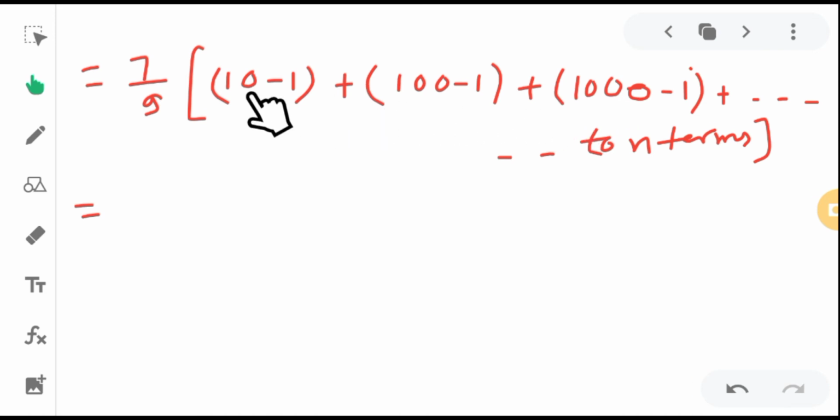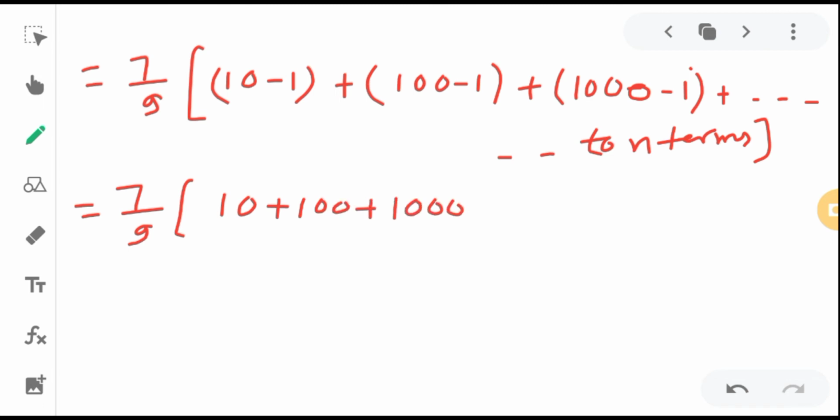So what I will do, I will take this 10, 100, 1000 and so on in one bracket, like this: 7 upon 9, this will be 10 plus 100 plus 1000 and so on to n terms. Okay, this I am taking in one bracket. And the remaining is minus 1, minus 1, minus 1 and so on, n times.